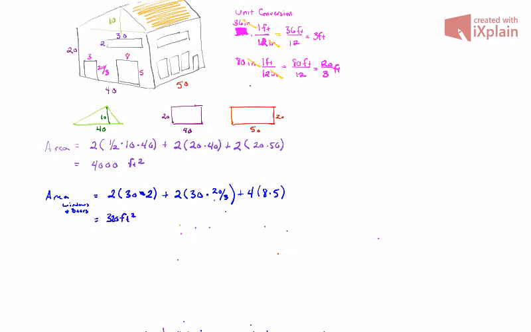So now, in order to find the area that we paint, we're going to take the total area of the house minus the area that we will not paint. So that means that we are going to paint 3,680 square feet on this home. Okay? So that answers part A.